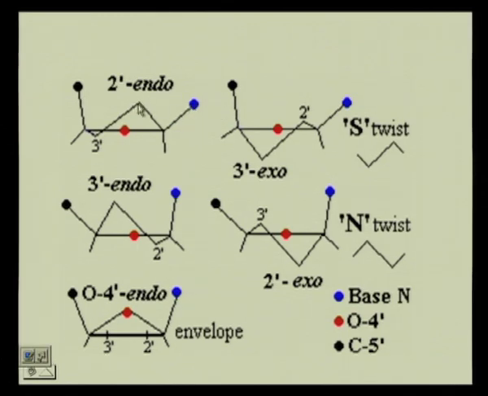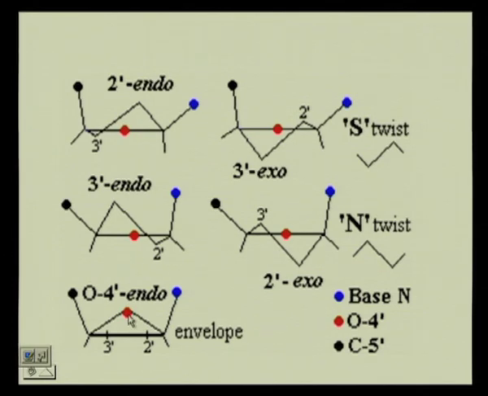When the 2 prime pucker is up, cis to the phosphate and the nitrogen, you have a 2 prime endo. If the 3 prime sticks up in the same direction as the base and the phosphate, you have a 3 prime endo. If the oxygen sticks up in the same direction, you have an O 4 prime endo.